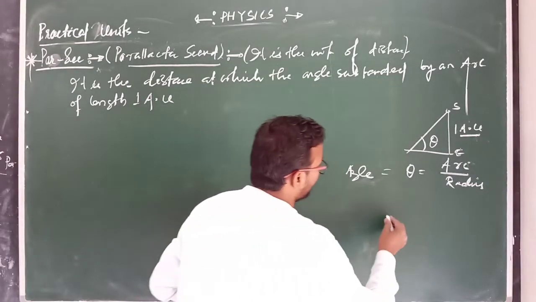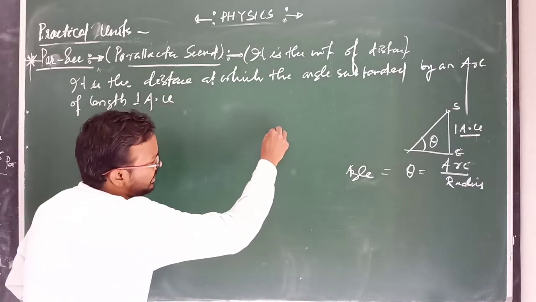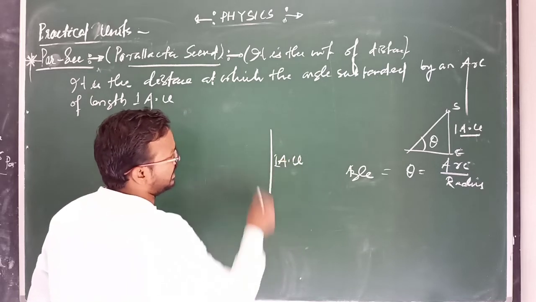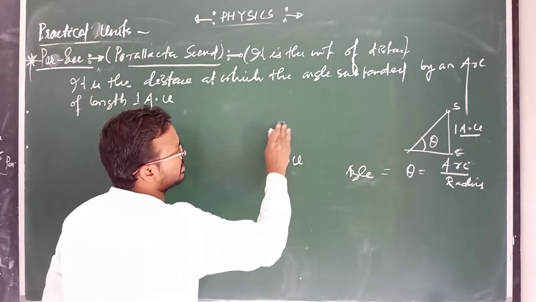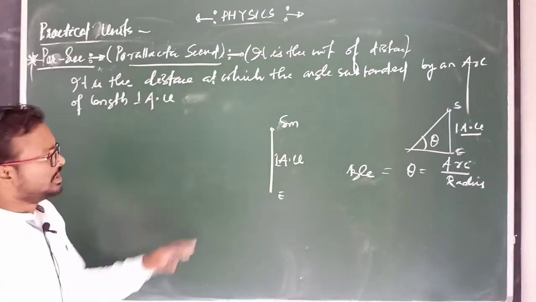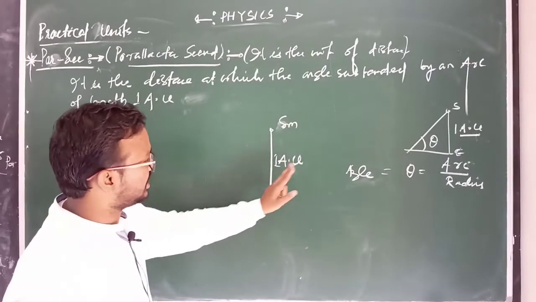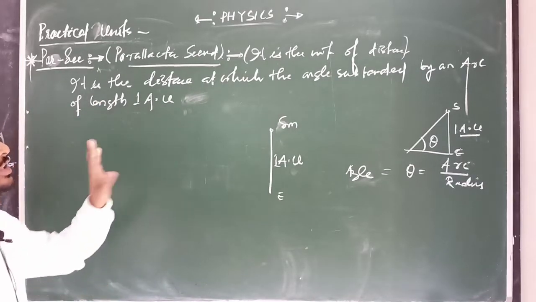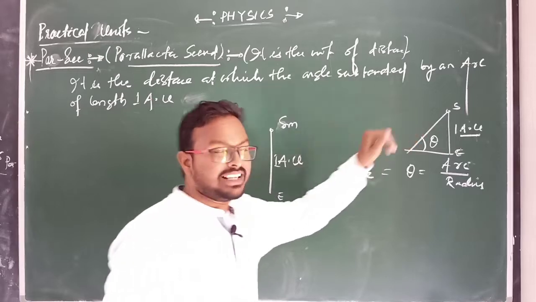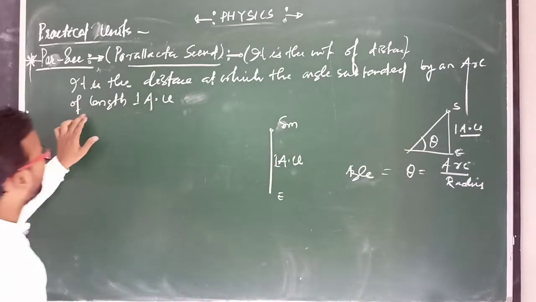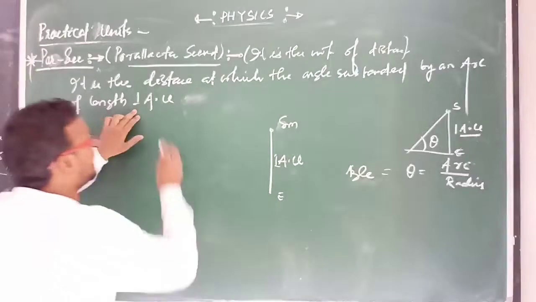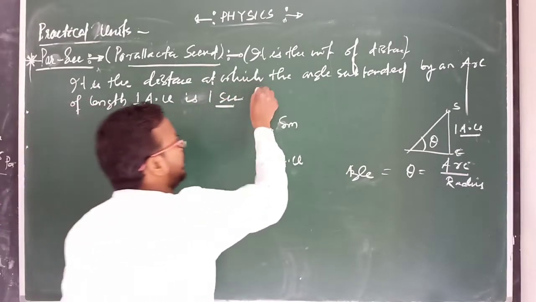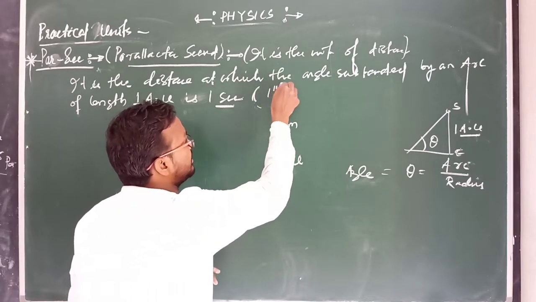So if you draw the diagram here, this is the arc and this distance is 1 astronomical unit, and this point is the sun. This distance from sun to earth is 1 astronomical unit, and it is the distance at which the angle subtended by this arc of length 1 astronomical unit is equal to 1 second, represented by a double prime.